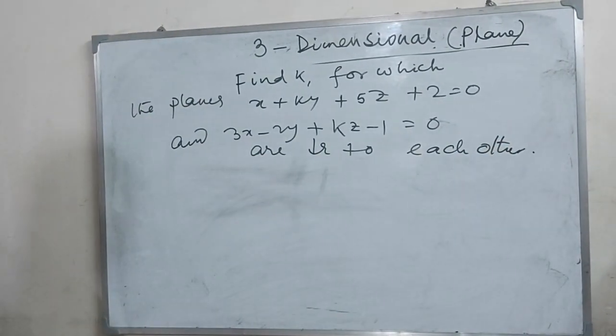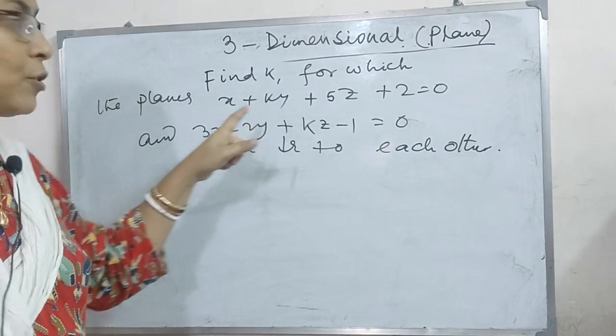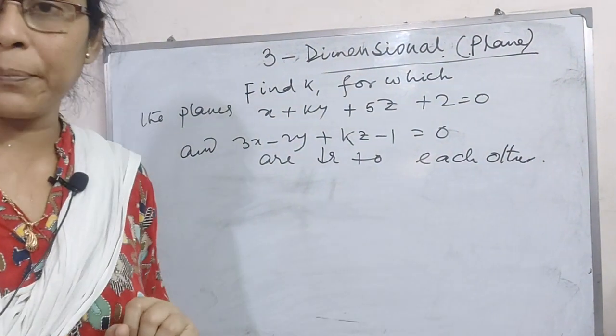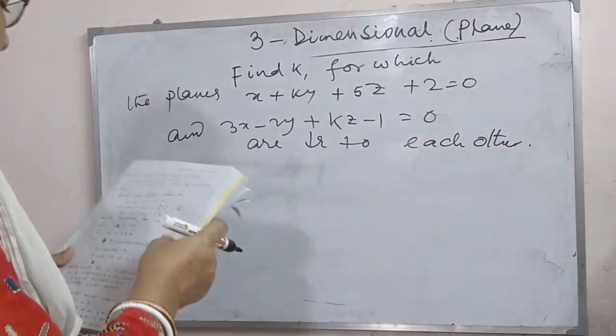It is given. Find the value of k for which the two planes are perpendicular to each other.